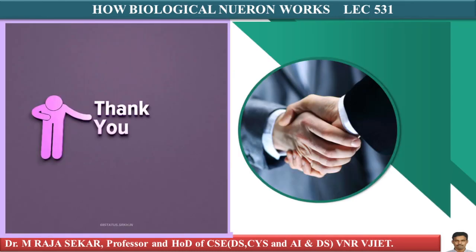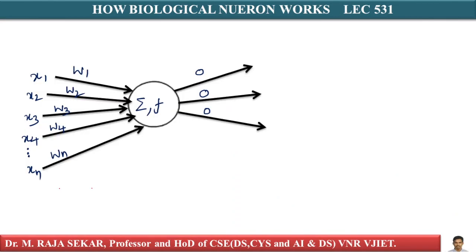As I told you, the same output O is transmitted through each of these axons, which are outgoing links. We already defined the output: f of sigma i equal to 1 to n, wi xi.